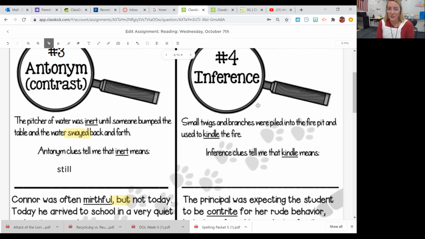Small twigs and branches were piled into the fire pit and used to blank the fire. Now I'm going to use what I know about fires, my inferences, and I know that if it's used to blank the fire, it might be used to start the fire. So kindle means to start.